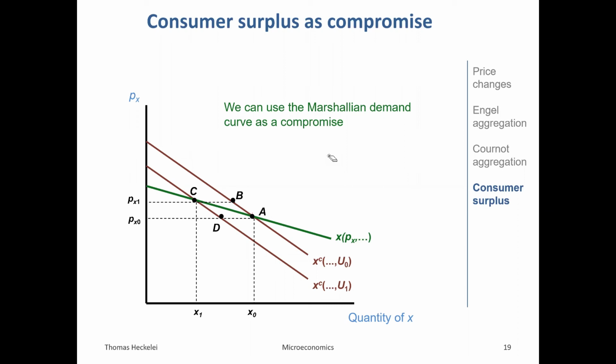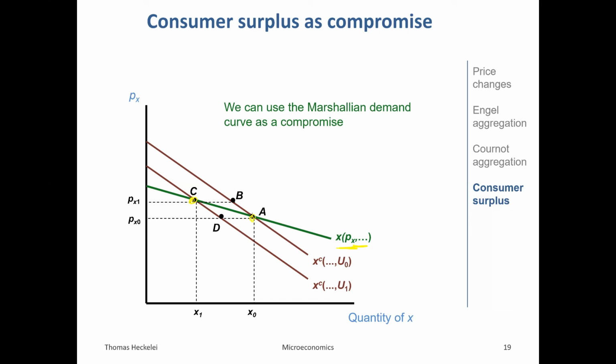And this is exactly where the Marshallian demand kicks in as a middle way, a solution for our question. So let's say by construction, the Marshallian demand function over here must cross both A and C, because these two points are utility maximizing points, right? One new and one old.